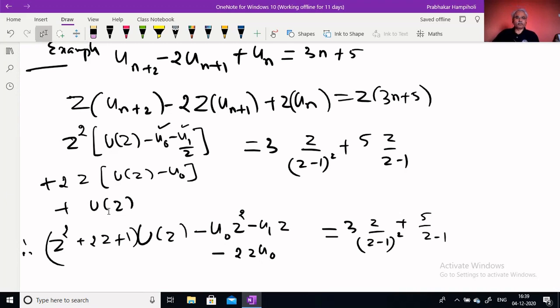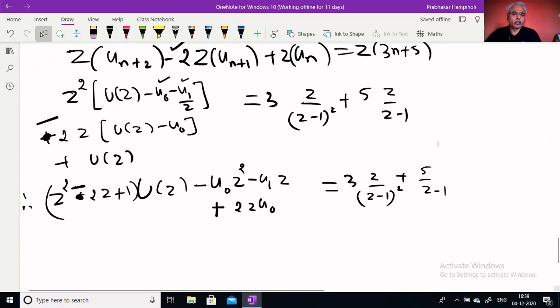I think this is a minus sign, so let us keep this also as a minus sign. This becomes plus 2z u0. Now, needless to say, this becomes z minus 1 whole square u of z equal to the right hand side.